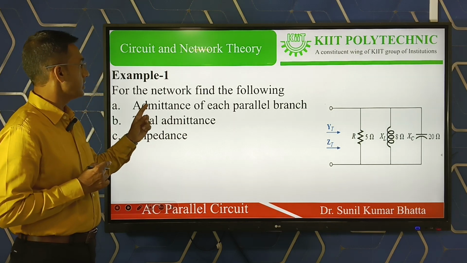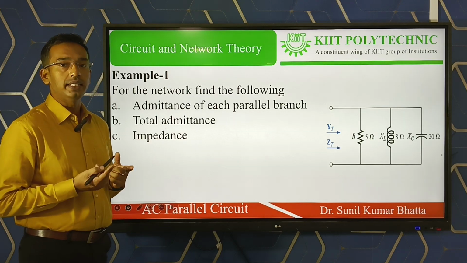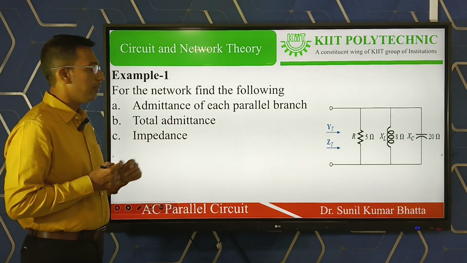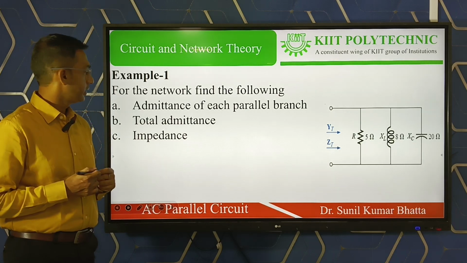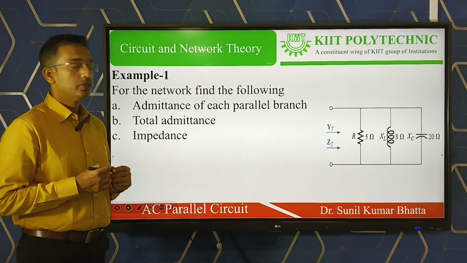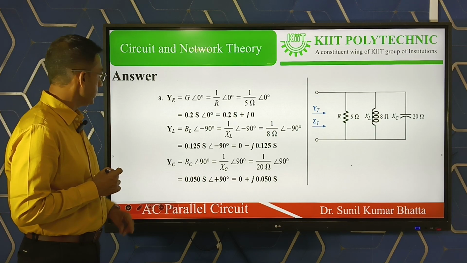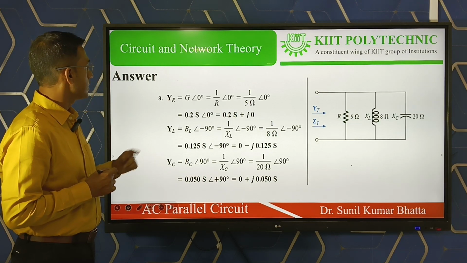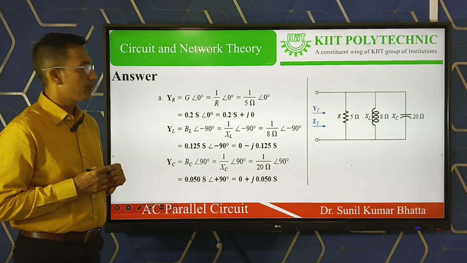For each branch we calculate the admittance, Y1, Y2, Y3, then the total admittance Y equals Y1 plus Y2 plus Y3, then impedance, denoted by the letter Z, so Z equals 1 by Y.